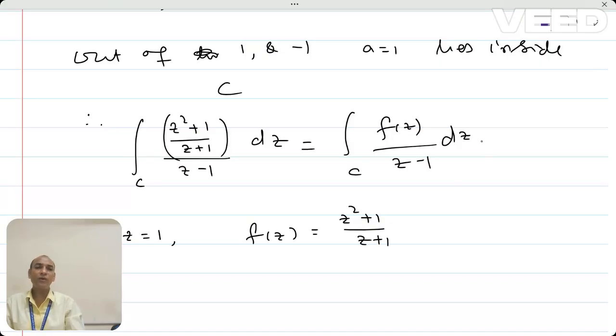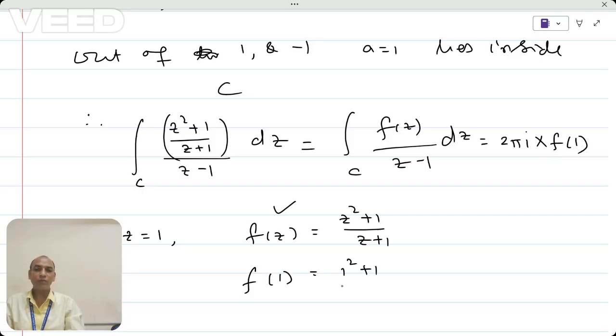Now the integral will be nothing but 2 pi i times f(1). Since we know f(z), we can calculate f(1). f(1) will be (1 square plus 1) divided by (1 plus 1), so we get 2 by 2, that is 1.